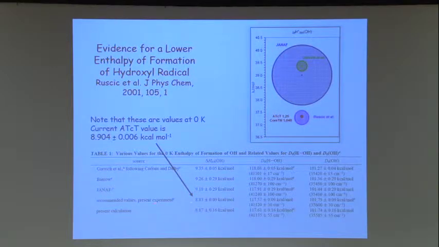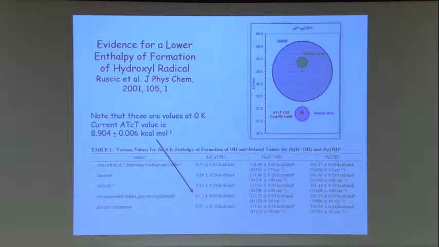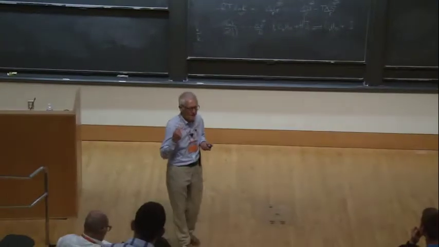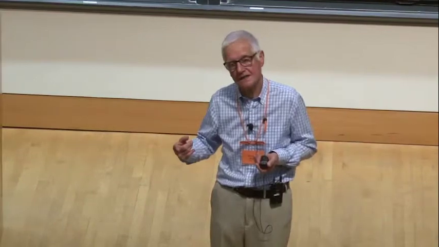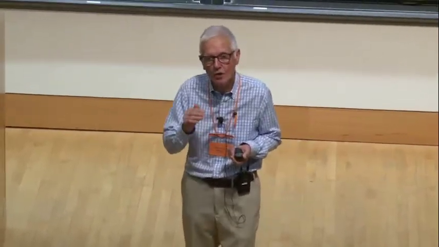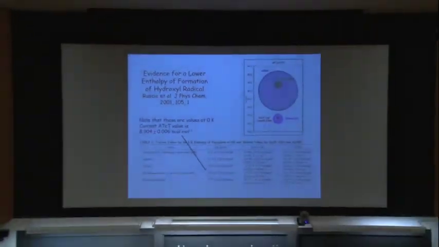And this was an experiment done by Ruscic, which showed very clearly that the true thermodynamics was lower than the values which were determined up here. And it turned out these two determinations up here were spectroscopic determinations, but wrong assumptions had been made in the interpretation of the experimental data, which gave a consistent overestimation of the enthalpy of formation of OH. And Ruscic's data demonstrated very clearly that that was incorrect.